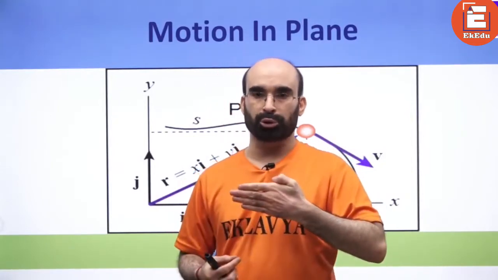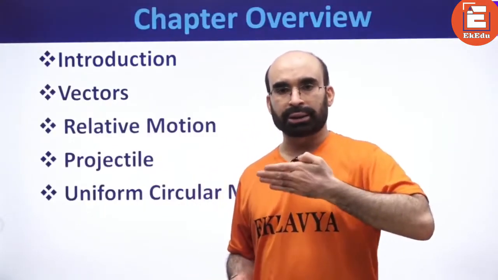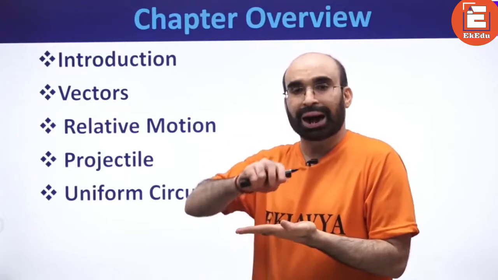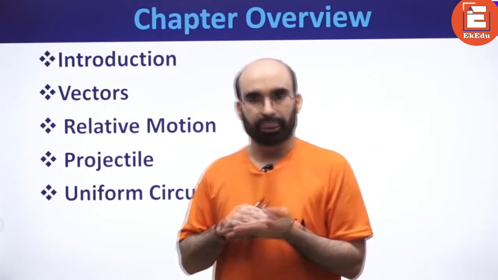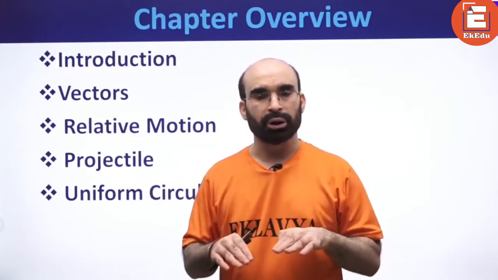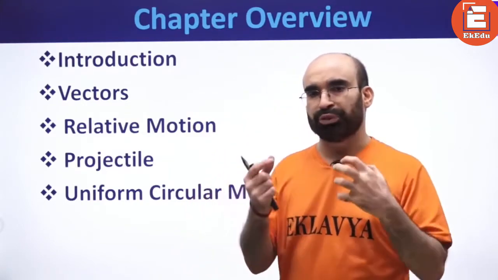This is also 2D motion. But here the plane is considered in this manner. The motion of the car is considered in this manner. This is the plane, right? On the road, horizontal road, right?